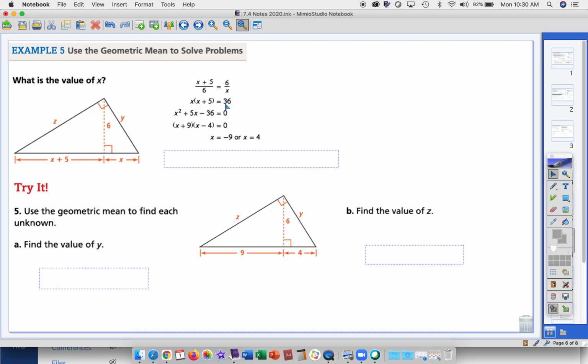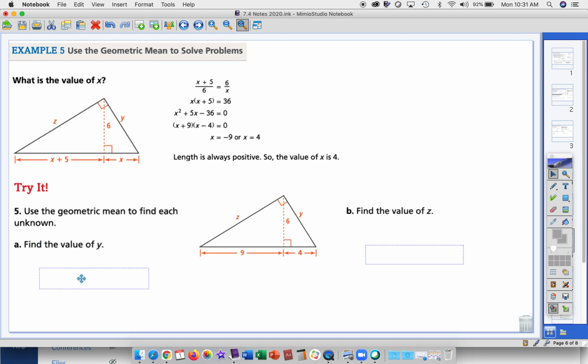You have to move all your terms to one side. Remember that, that's key. And then we can factor and find the solutions. Because this is an application involving length, we can rule out the -9, so the value of x is 4. -9 would not make sense as a length.